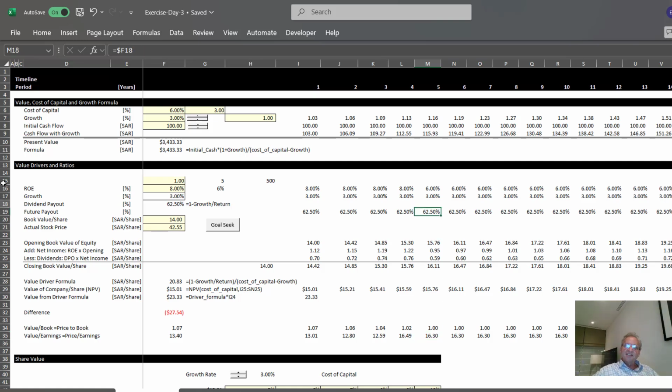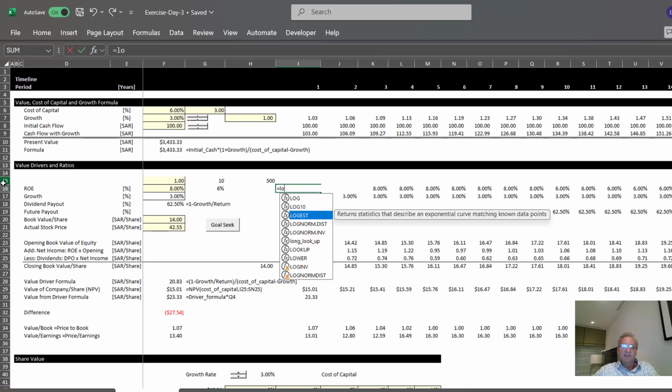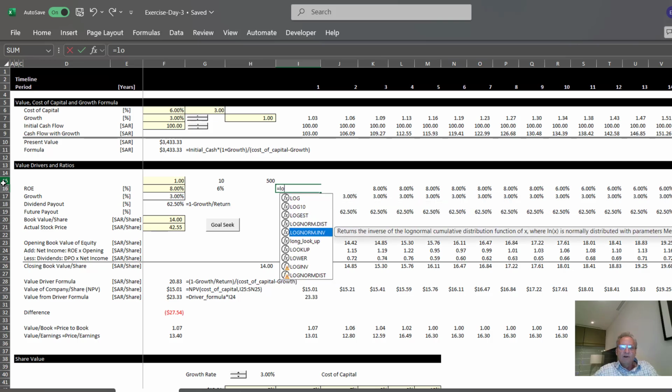Let's make this go to 10, but instead of making the return just fall in one simple period, let's put equal lookup. Where's my interpolate lookup, which is not in Excel.